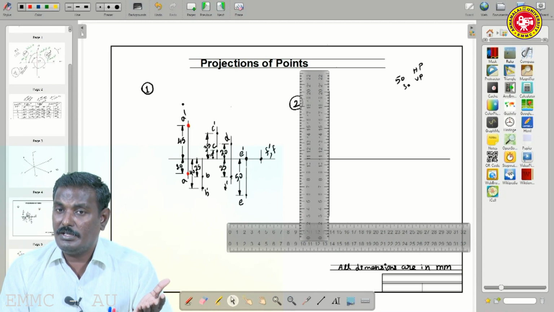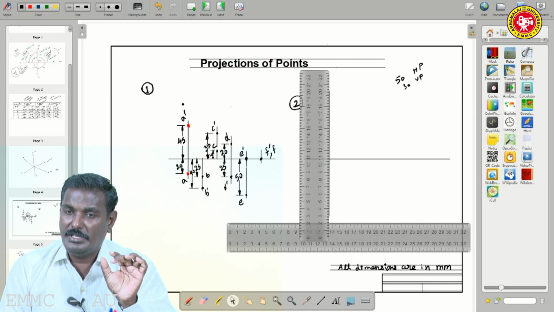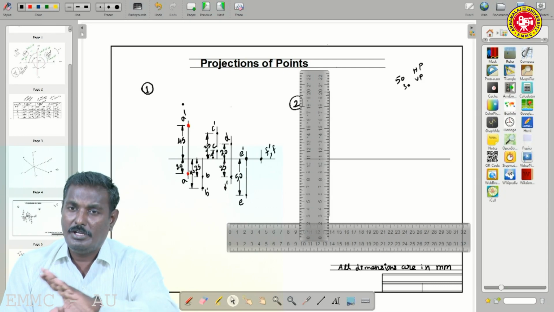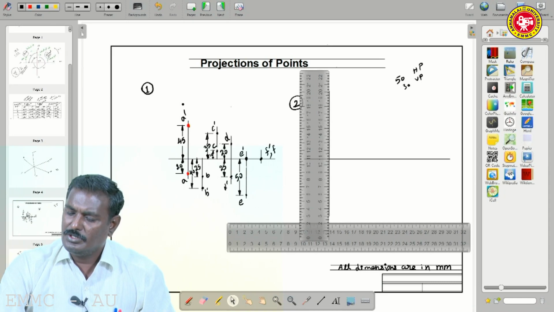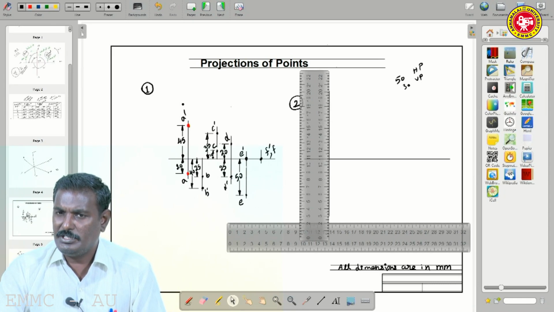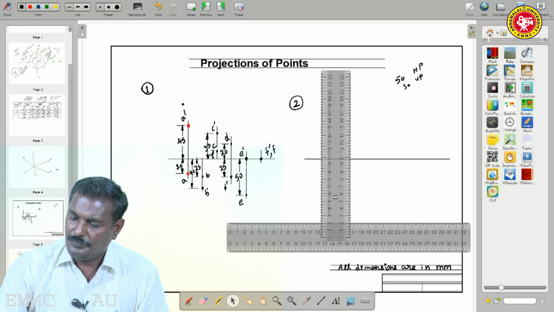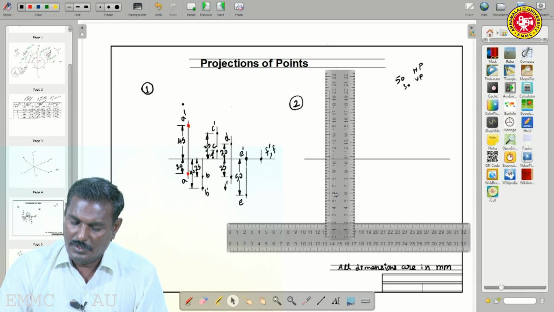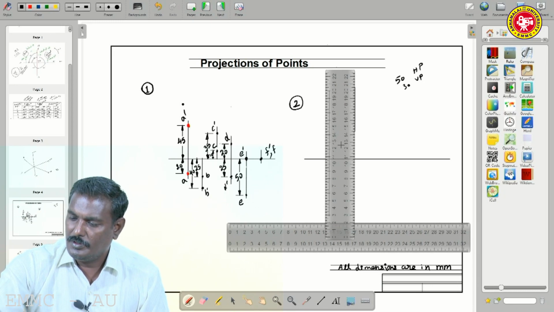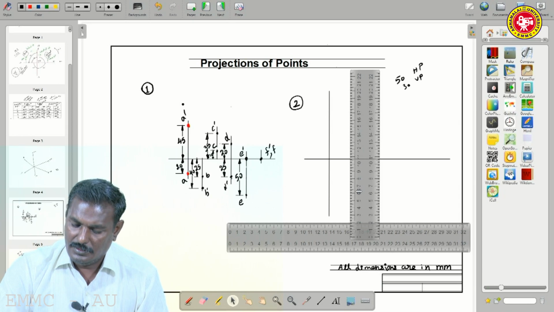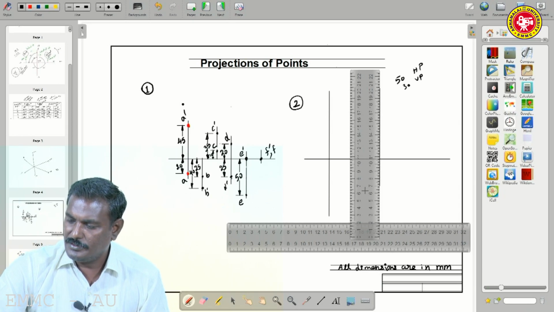Yeah, here they have not given any constraint. It is only 20 mm apart between 2 projectors. No constraints, so we can draw roughly, but please give some more gap for giving dimensions. So projectors, next projectors.